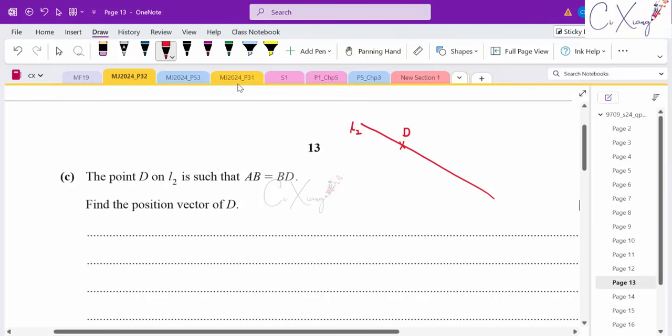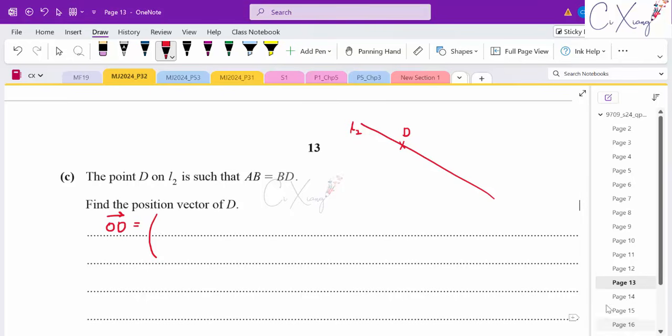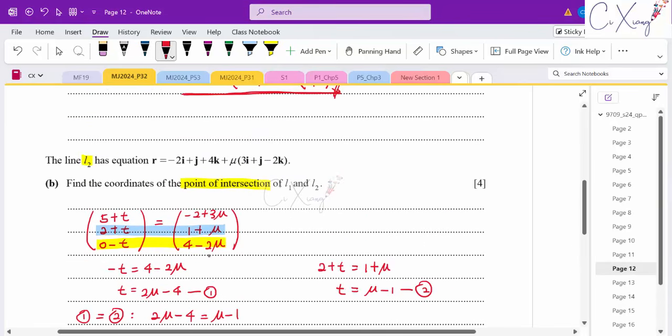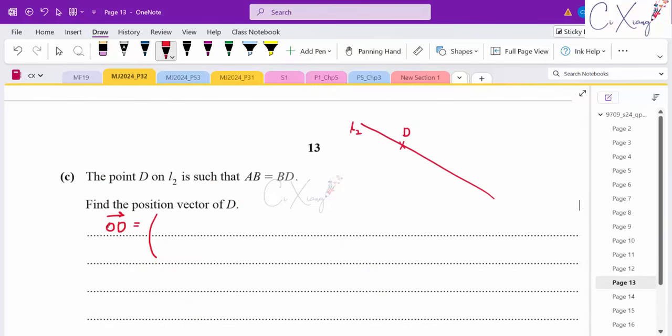When D is on line number 2, the position vector of this point will be equal to the vector equation of the line. So from part B, what's my vector equation of line number 2? This is the vector equation for line number 2. Therefore, the position vector OD, I'm going to represent using the vector equation of line number 2.